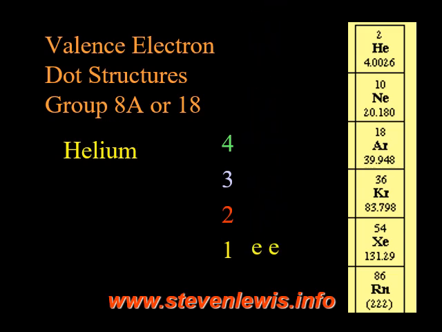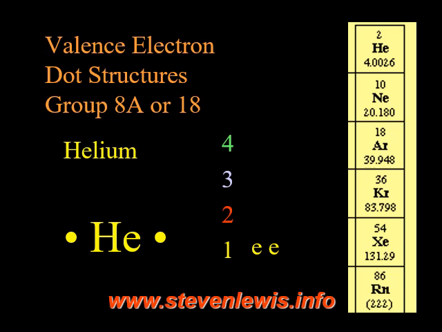Helium has atomic number 2, which means it has 2 protons in the nucleus and 2 electrons around the nucleus. Both electrons will fit into the innermost shell, filling that shell, which means that helium is not going to be very reactive. Helium has a full valence shell of electrons, and so it has no need to pick up electrons to fill its valence shell.